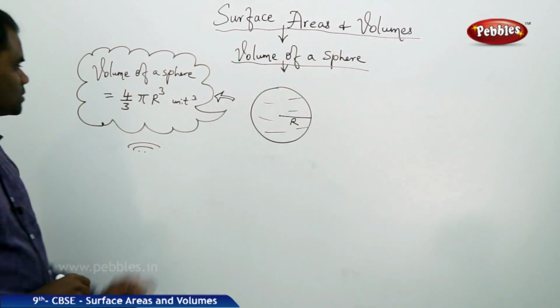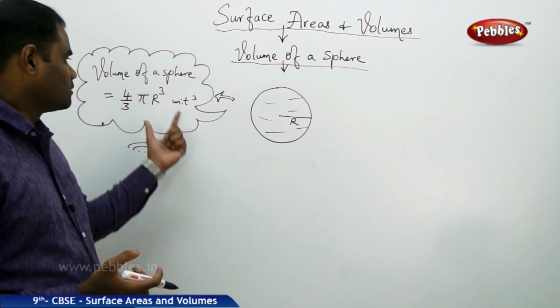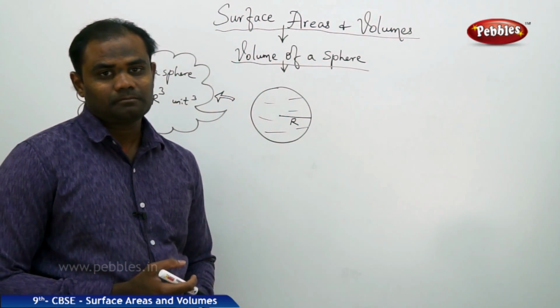Volume of a sphere is 4 by 3 pi r cube, with r being the radius.